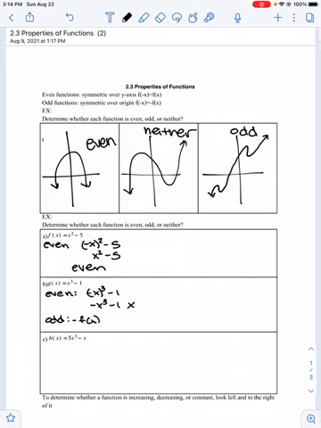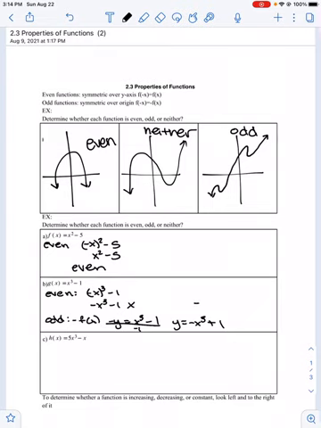We are plugging in for the negative y, so negative y equals x cubed minus 1. So I'm going to divide everything by negative 1 and get y equals negative x cubed plus 1. And that does not equal negative f of x. Or negative f of x does not equal f of negative x.